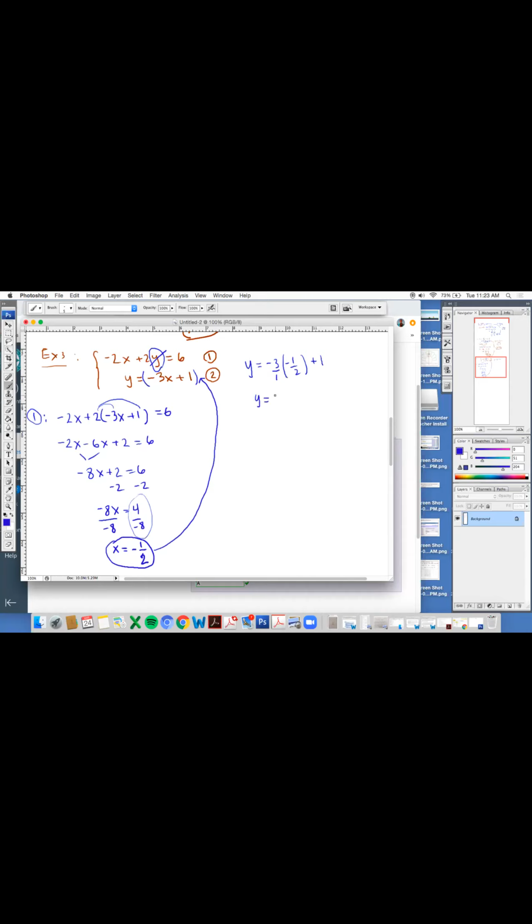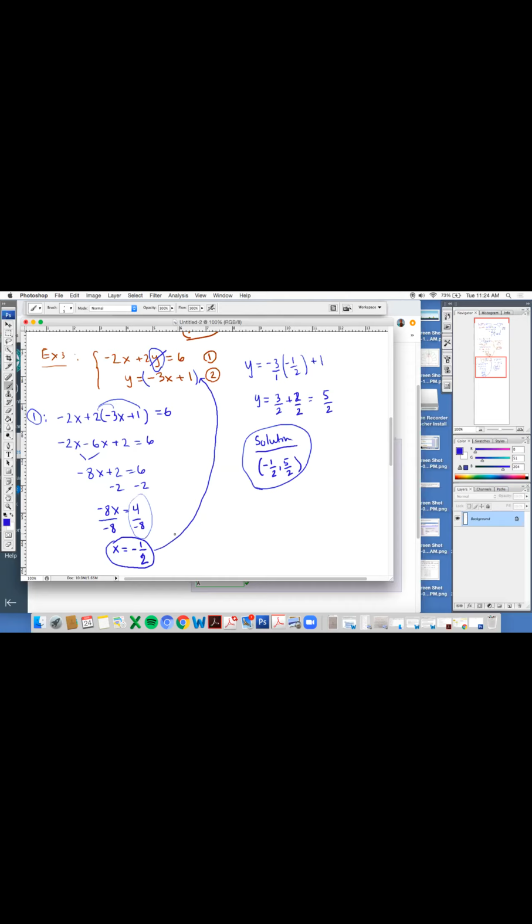So positive 3 over 2 plus 1. 1 means 2 over 2. So this is 5 over 2. So my solution: I get x is negative 1/2, y is 5 over 2.